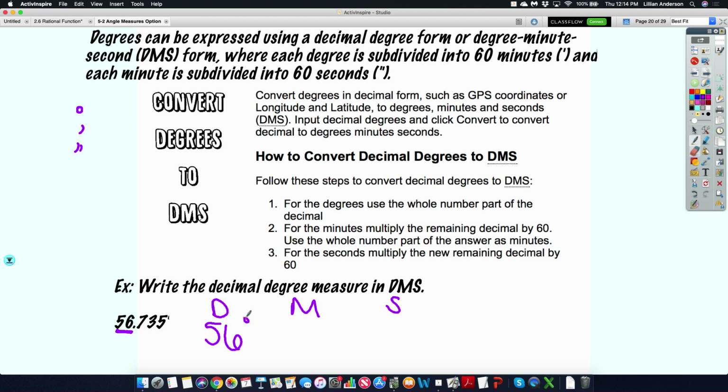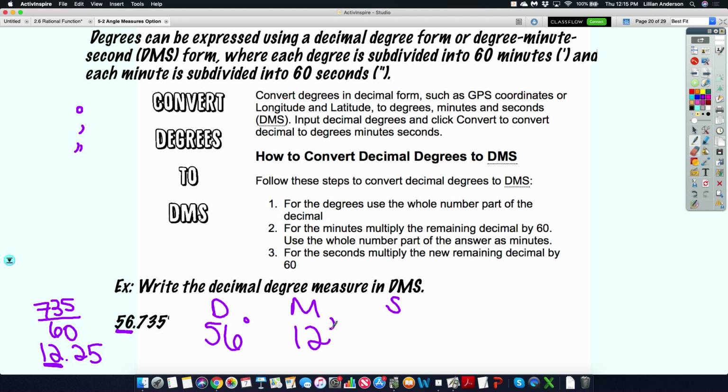Now, this one, you're going to need your calculator for. From here you take what remains, which is the 735, and you divide it by 60. So somebody do 735 divided by 60. 12.25. The part before the decimal is your minutes. So 12 apostrophe represents 12 minutes.